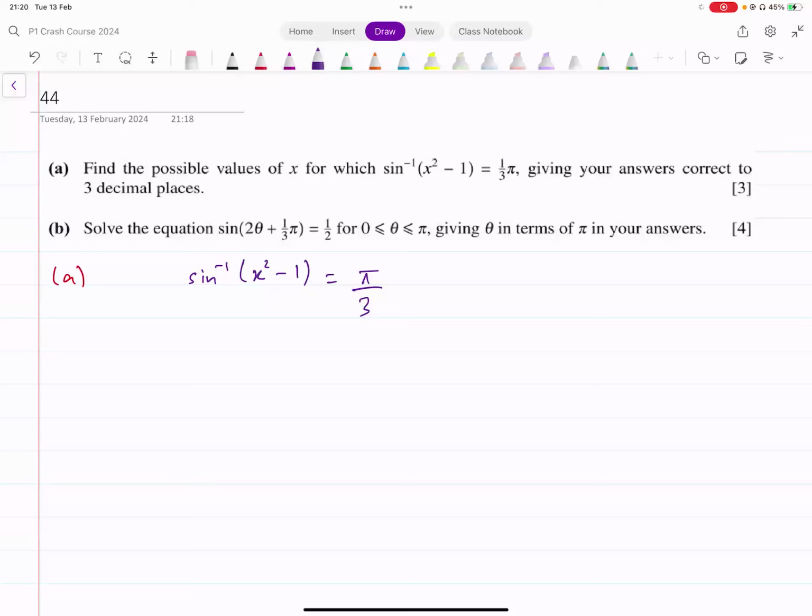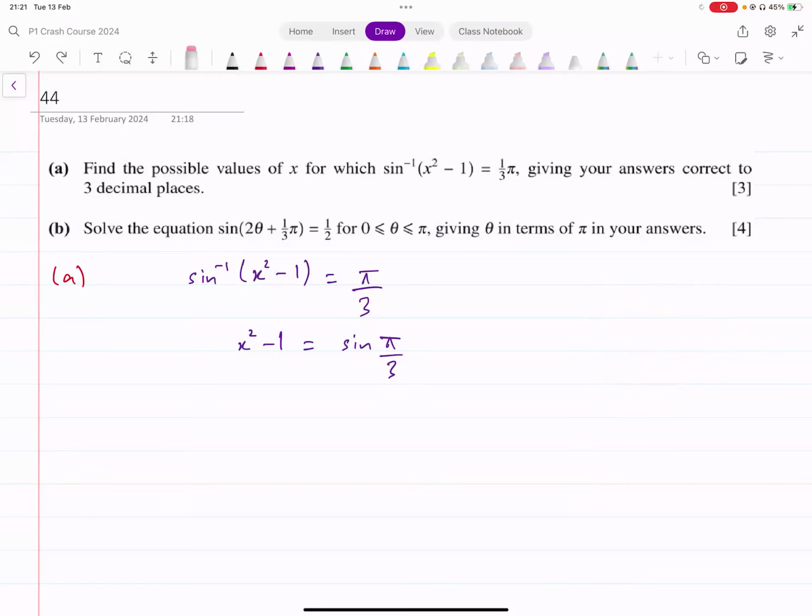When it goes to the other side, it becomes sine. So you have x squared minus 1 equals sine of pi over 3. Just like if you have sine of x equal to something, 0.4, when the sine goes to the other side, it becomes sine inverse, right? If you have sine inverse right now, you can take it to the other side to make it sine. That's what we're doing here.